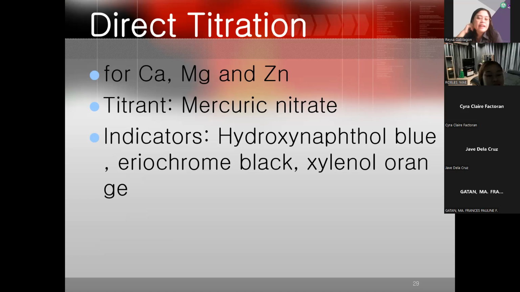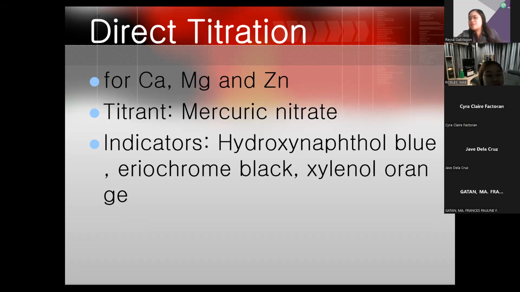Again, direct titration, we may use this if we want to quantify or analyze the amount of calcium, magnesium, and zinc in a given sample. Okay, so our titrant here is mercuric nitrate, while the indicators, your battery is running low.